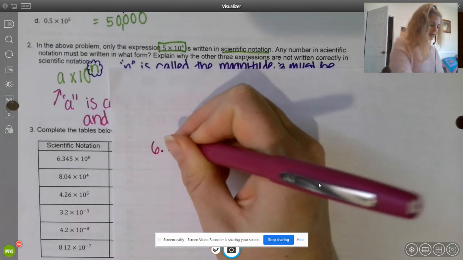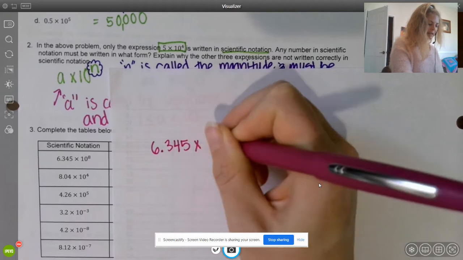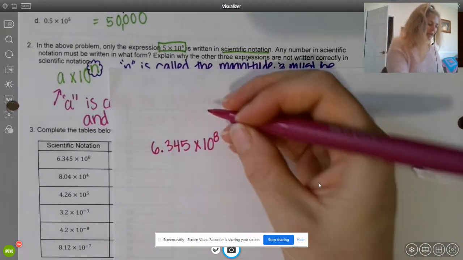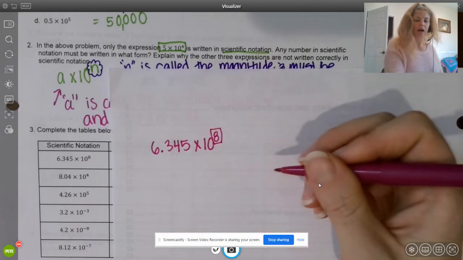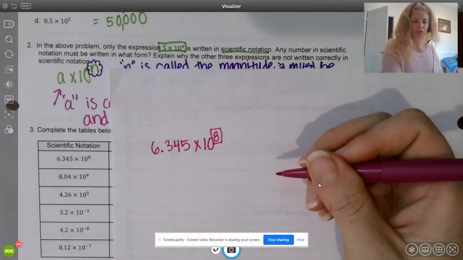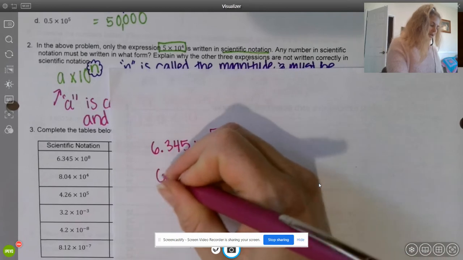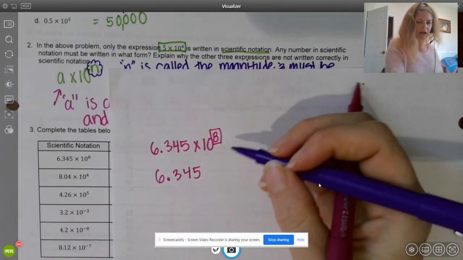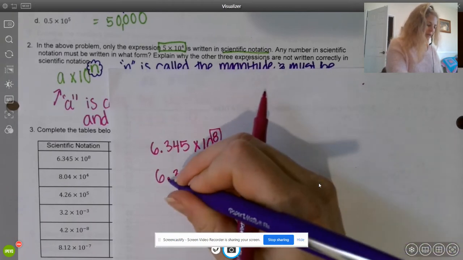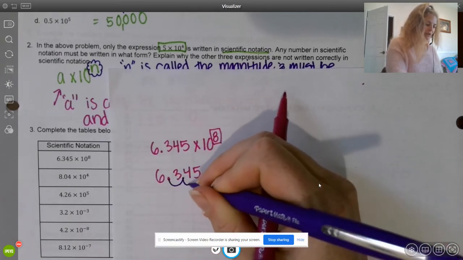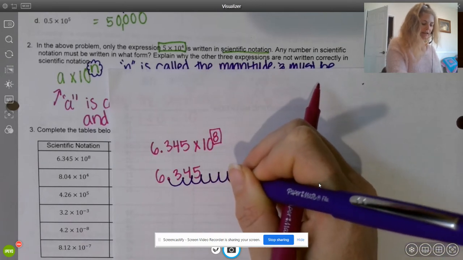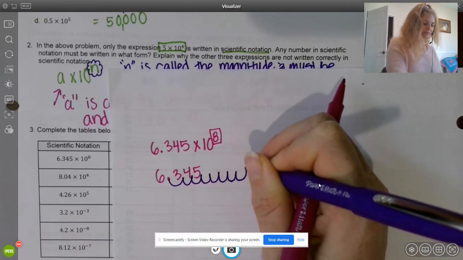Okay, so here's the number times 10 to the 8th power. So that means this exponent tells me it's positive, so we're moving to the right. So we're going to take 6.345 and we're going to move the decimal point to the right 8 times. 1, count with me now, 2, 3, 4, 5, 6, 7, 8.